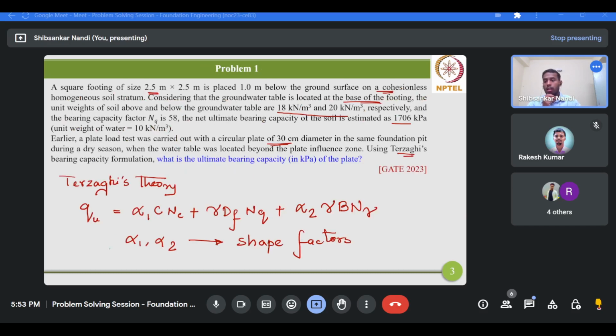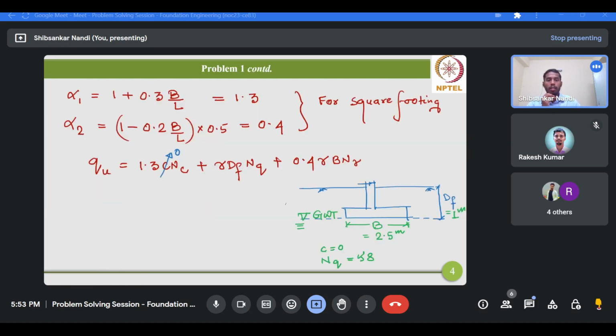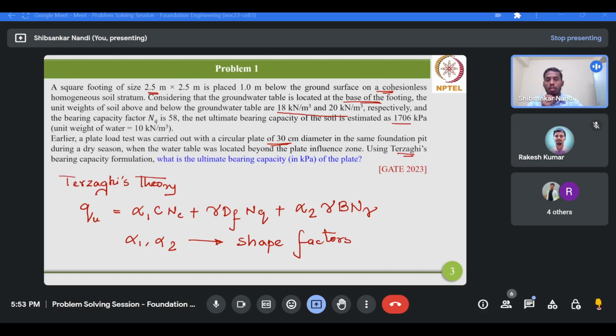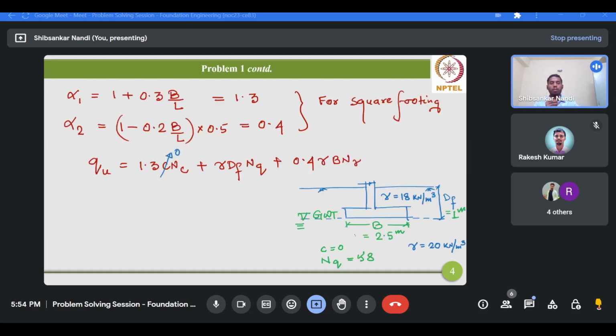And for the unit weights, below the water table gamma is 20 kilonewton per meter cube, and above it gamma is 18 kilonewton per meter cube. Okay, so above 18 and below 20. So this first component will vanish.